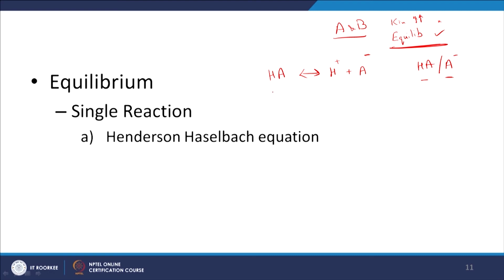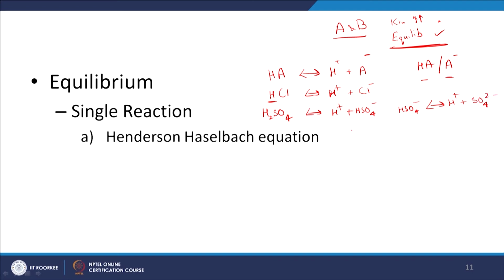There are many examples. HCl can go to H plus and Cl minus, and it has only one proton to donate. Or I can have H2SO4, which can dissociate into H plus and HSO4 minus, and HSO4 minus can again dissociate into H plus and SO4 2 minus.